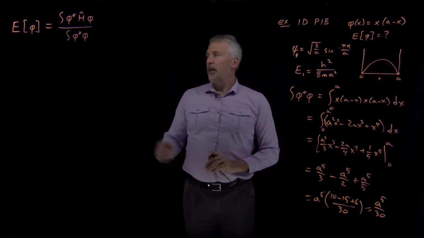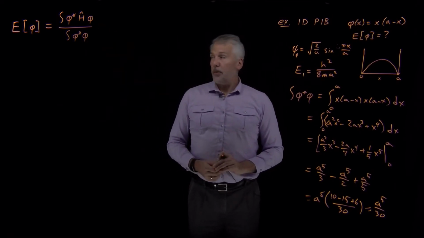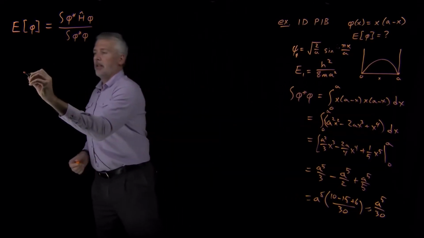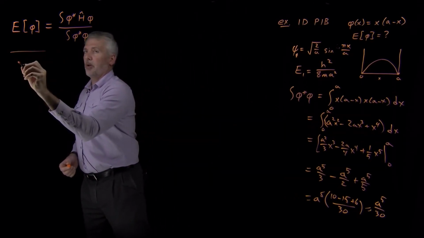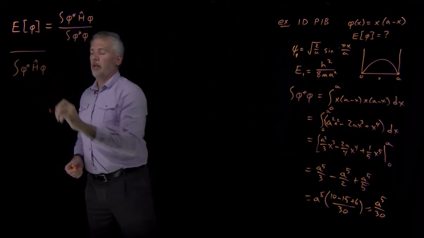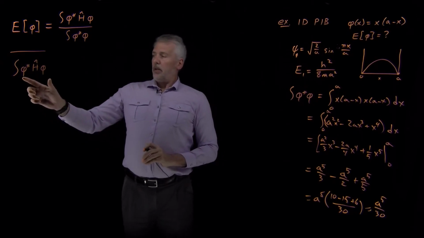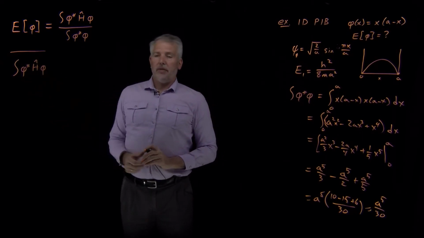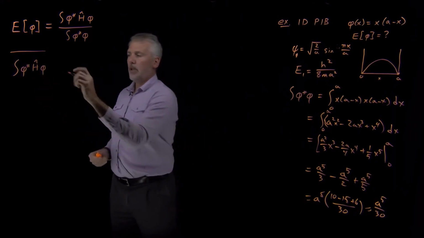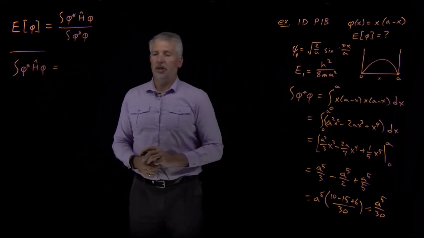The next step, let's calculate the integral in the numerator. And that one's actually going to be a little bit easier, as it turns out. So if I continue my work over here, wave function, complex conjugated if I need to, which I don't for this example, multiplied by the Hamiltonian times the wave function again.